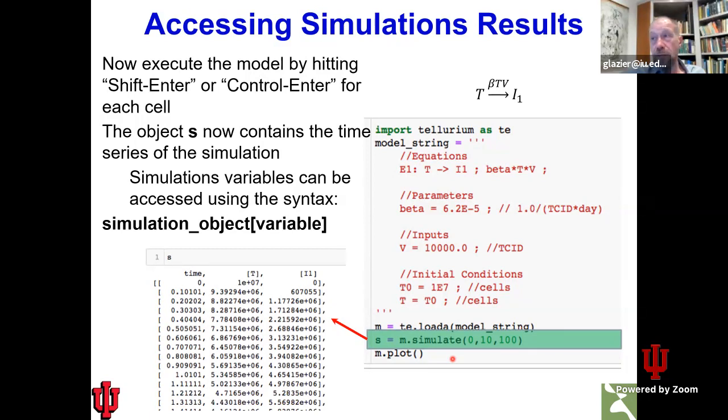Time, the variable t, and the variable I1 are labeled. And then the values are in these columns. That's great because the output contains the information about the names of the variables. It's convenient. It's a little bit less great because it's not a NumPy array and it's hybrid.